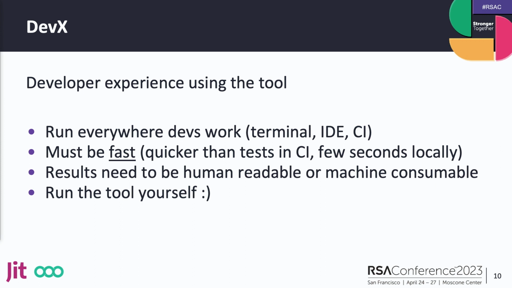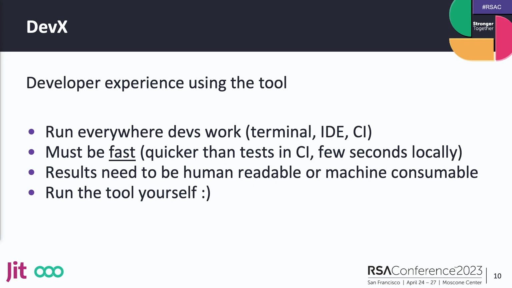The thing to do there is to make sure the tool is faster than the tests that run on that project. If you can run a security tool faster than the developer's tests, you're usually good to go. It just can't be the slowest thing. Exactly. The results need to be human readable, because when you want to test the tools, you want to be able to understand exactly the results, so JSON format or something like that you can easily read.